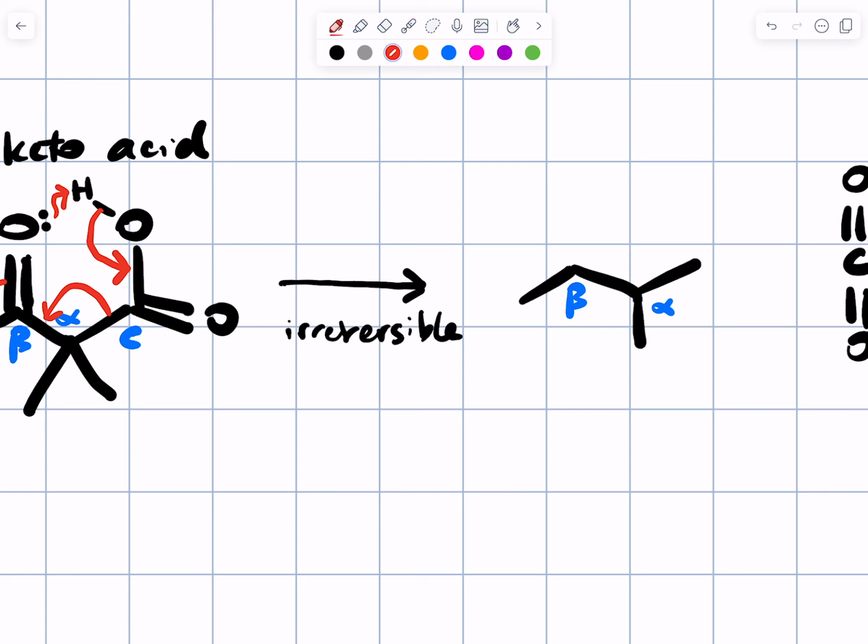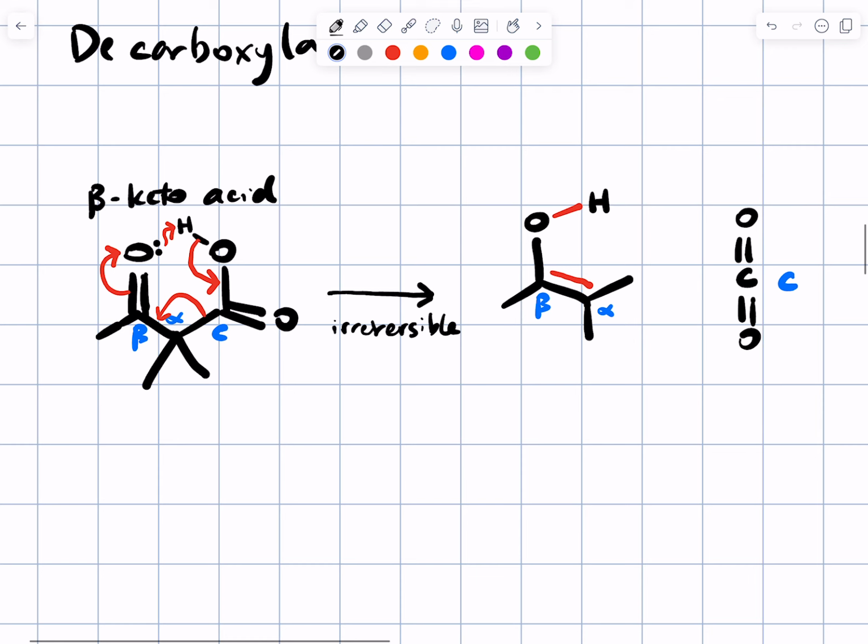We have a new pi bond between alpha and beta carbons here. We have a new sigma bond between oxygen and hydrogen here. And then I guess we have a new carbon-oxygen pi bond there.